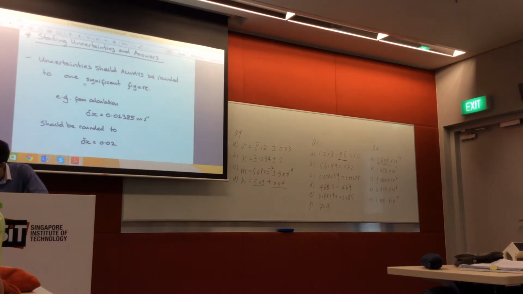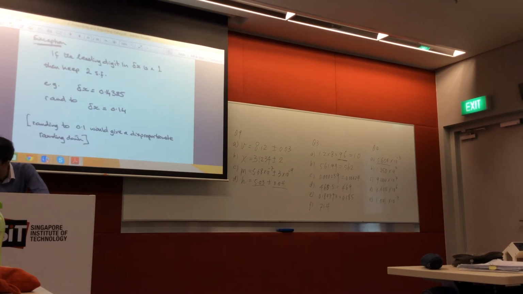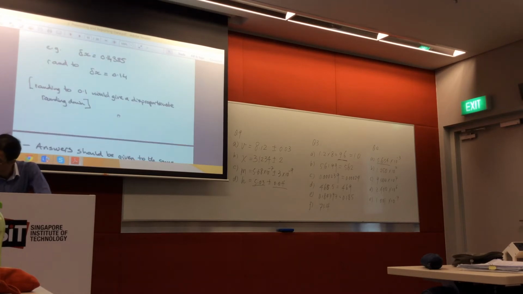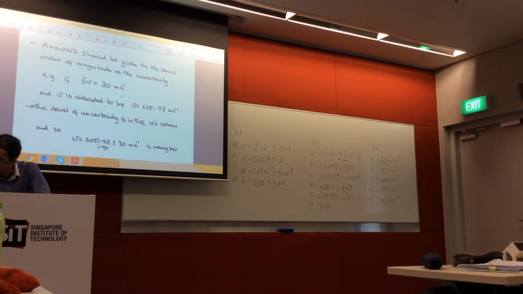The uncertainties should always be rounded to one significant figure. That's rule number 1. Of course, there's a special case: if your first digit is 1, you need to keep 2. Rule number 2 is that the answer, the best estimate, should be given to the same order of magnitude as the uncertainties.